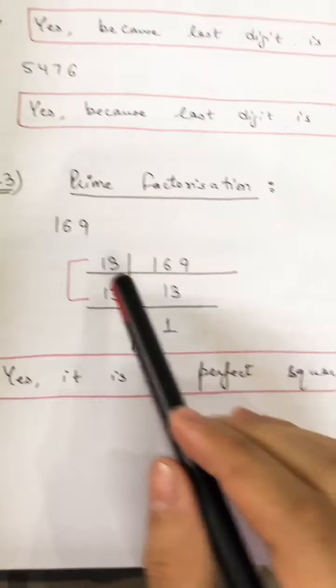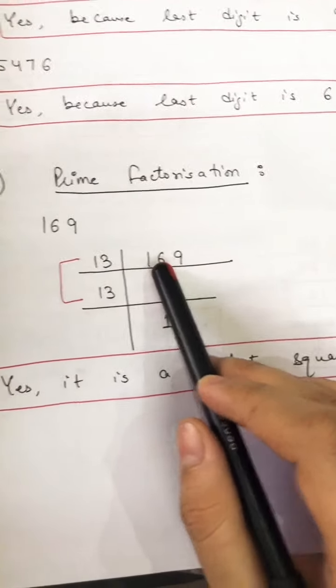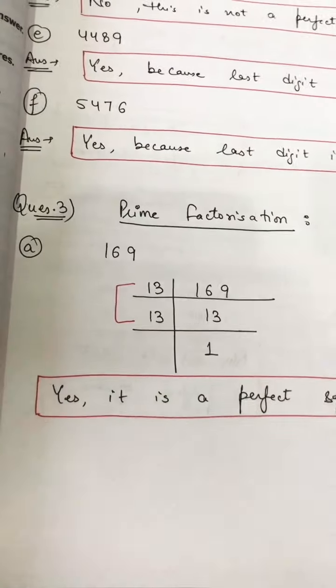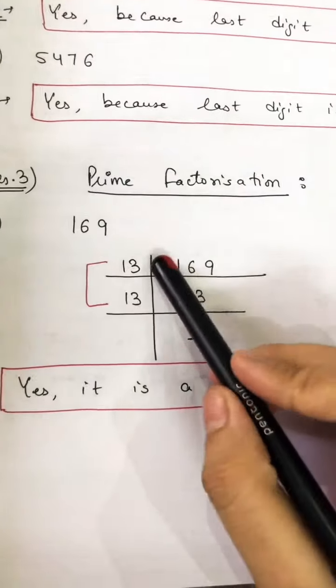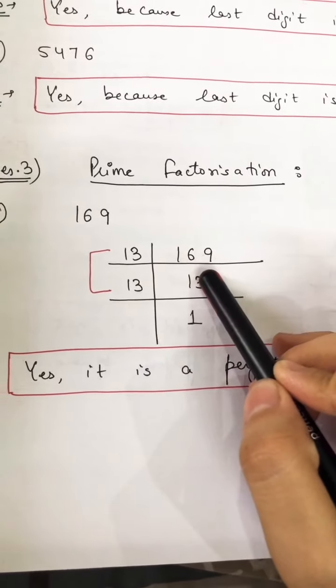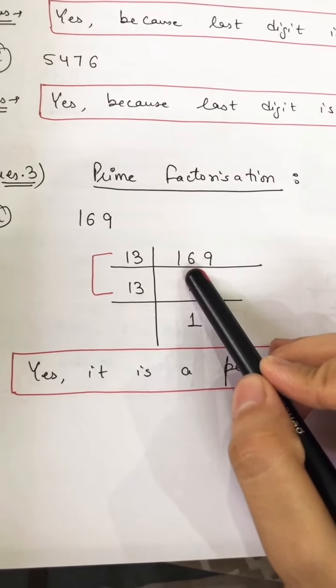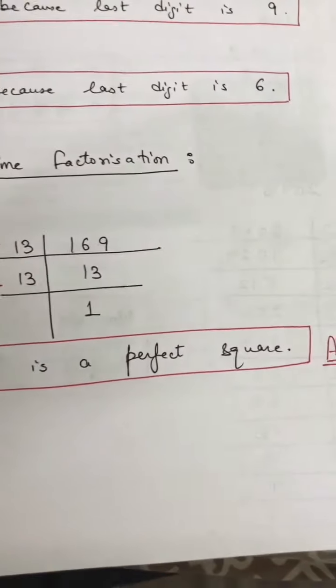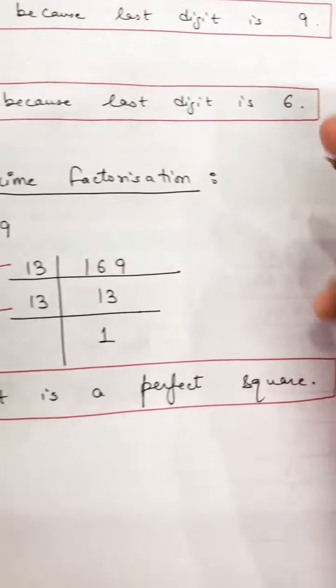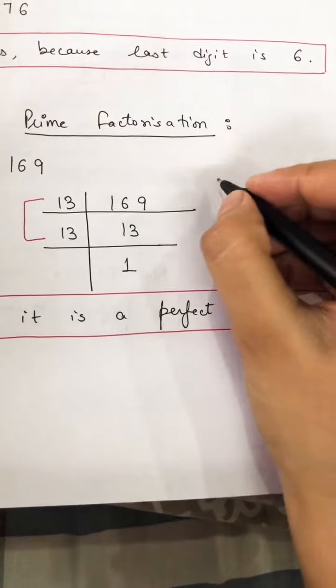Write it in this way, 169. You have to check from 2, the table of 2. It will not go on 2, it will not go on 3, then 5 it will not go, then 7. Whenever you start your LCM, you have to start it from these numbers.